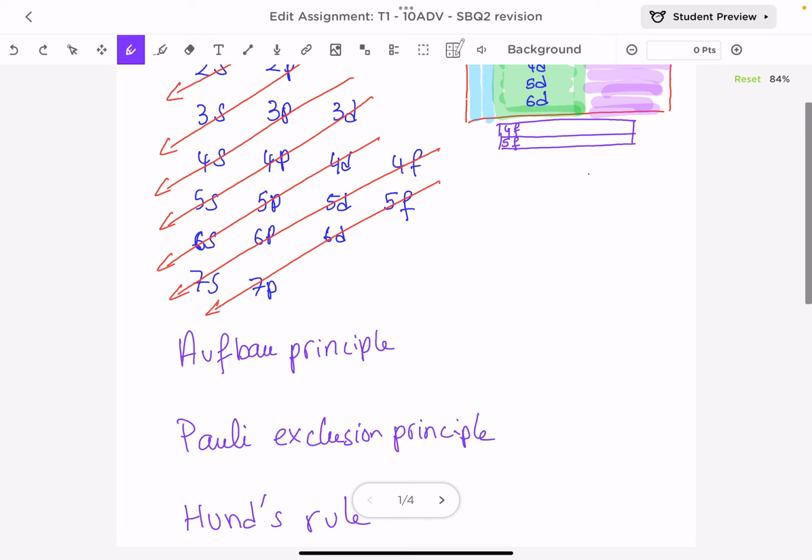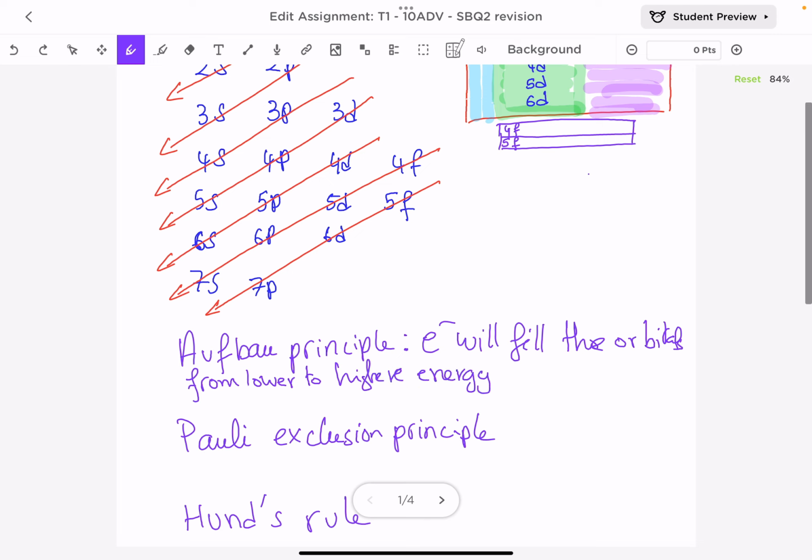The Aufbau principle states that upon distributing the electrons, you fill the orbitals from lower to higher energy.